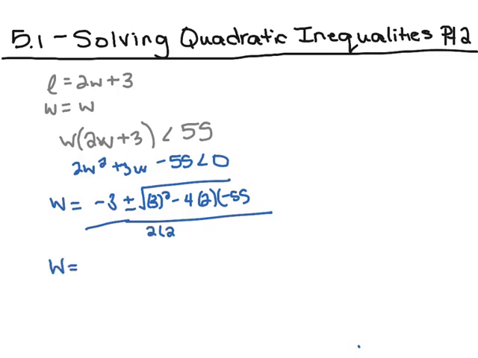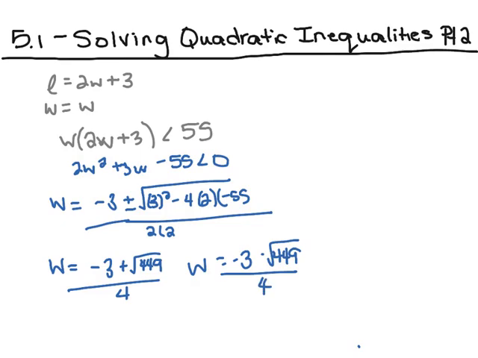So it'll be either negative 3 plus root 449 over 4, or negative 3 minus root 449 over 4. And if you multiply this out, we'll either get 5.547 or negative 6.047.